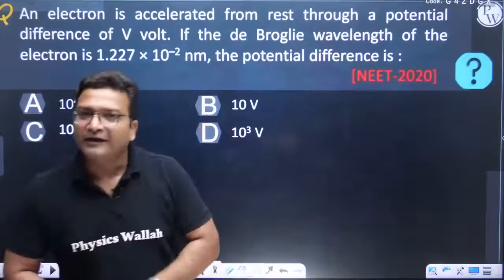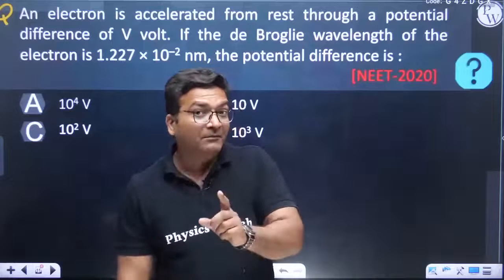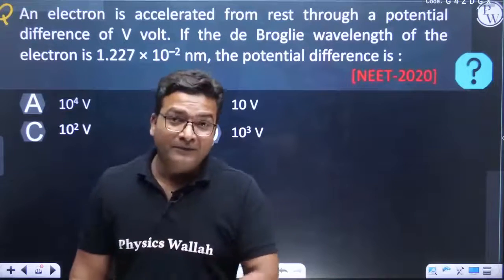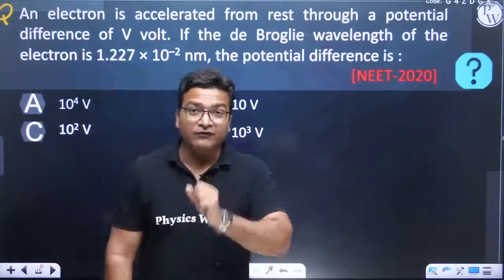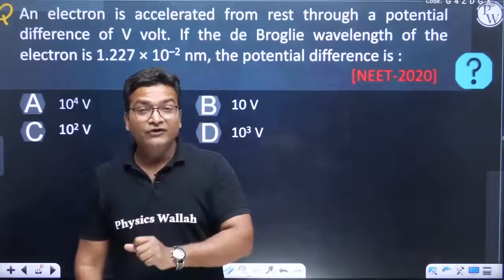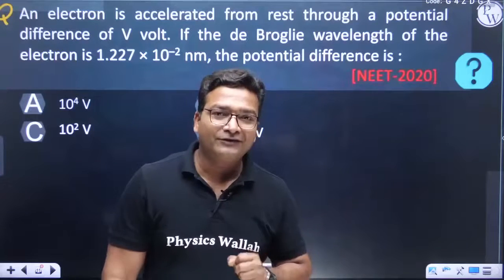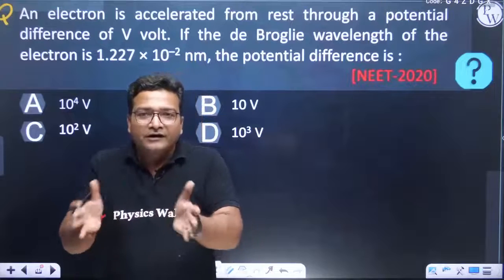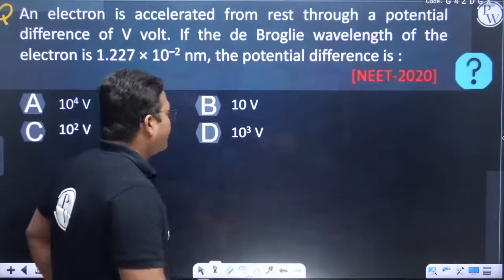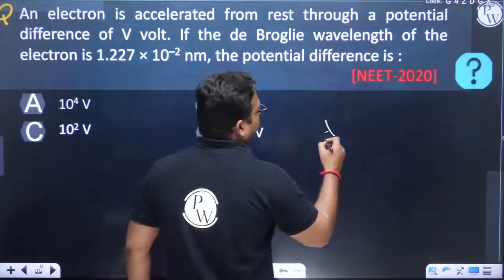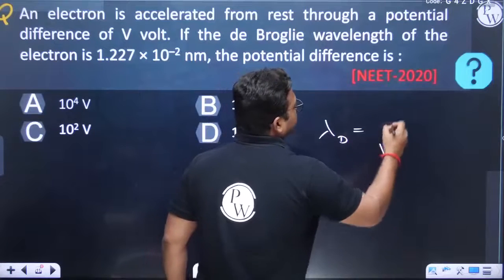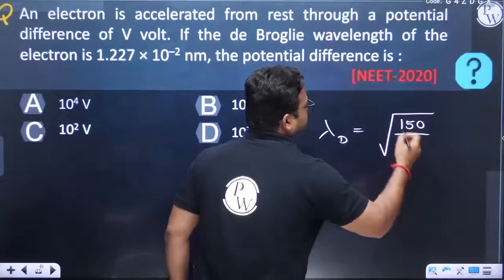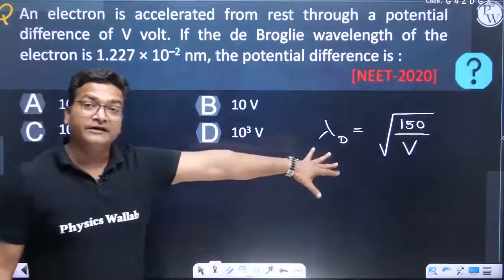Here we have an electron again. An electron is accelerated from rest through a potential difference of V volt. So here we have to use that specific formula for electron. The de Broglie wavelength is given, and they are asking what the potential difference is. Remember this: the de Broglie wavelength is equal to square root of 150 divided by voltage in volts, with the wavelength in angstrom.